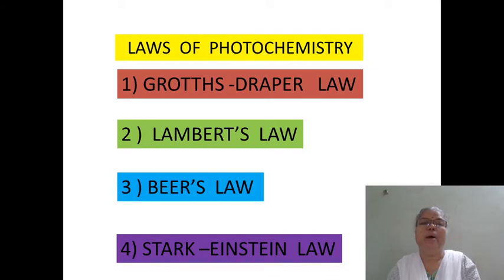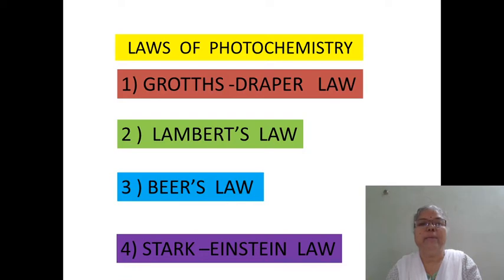And you are very well aware that the first law of photochemistry is also called the Grotthuss-Draper law. According to the Grotthuss-Draper law, each and every photochemical reaction takes place by the absorption of radiation, and only those radiations that are absorbed are effective in producing the photochemical change.